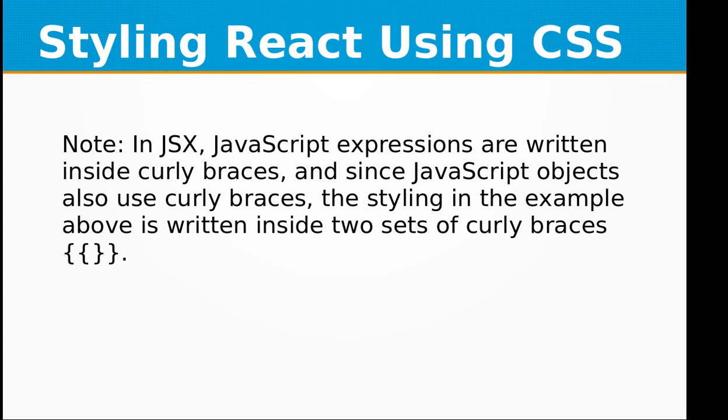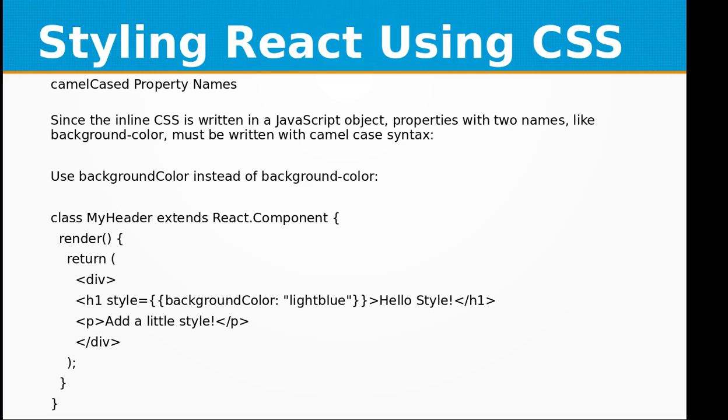In JSX, JavaScript expressions are written inside curly braces, and since JavaScript objects also use curly braces, the styling in the example above is written inside two sets of curly braces. Okay, camel cased property names. Since the inline CSS is written in a JavaScript object, properties with two names like background color must be written with camel case syntax.